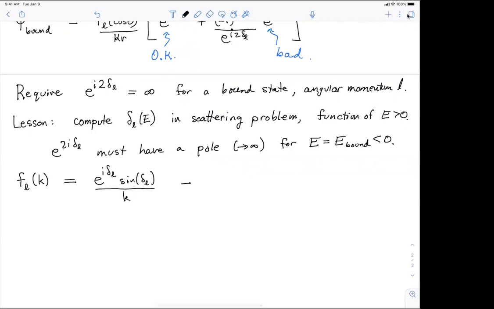But today it's going to be more convenient to write it like this. This is exactly the same function: 1 over k cotangent delta L minus i.